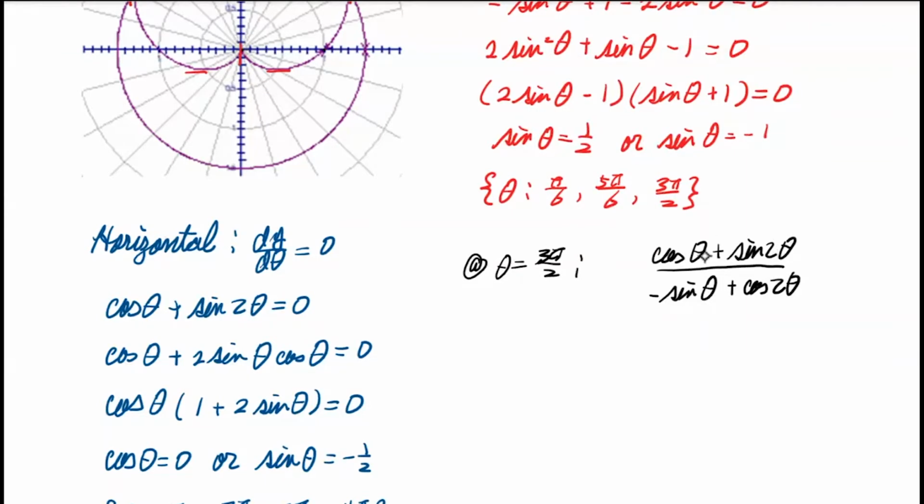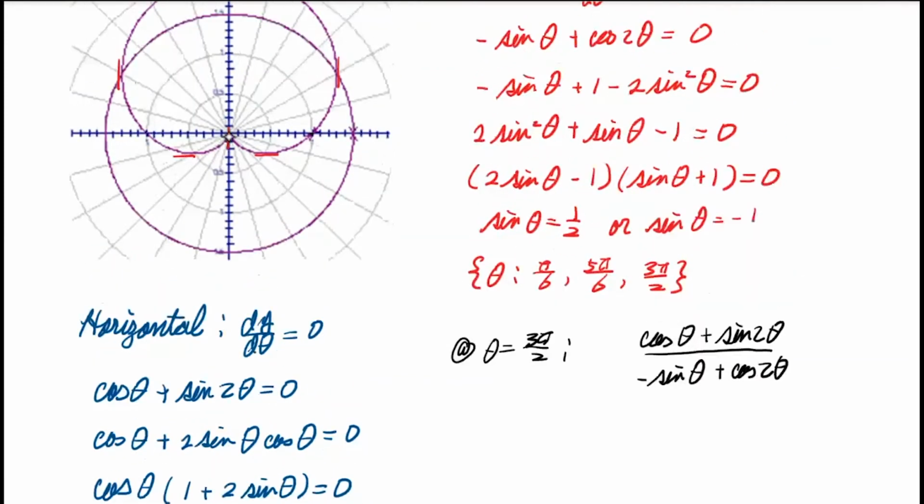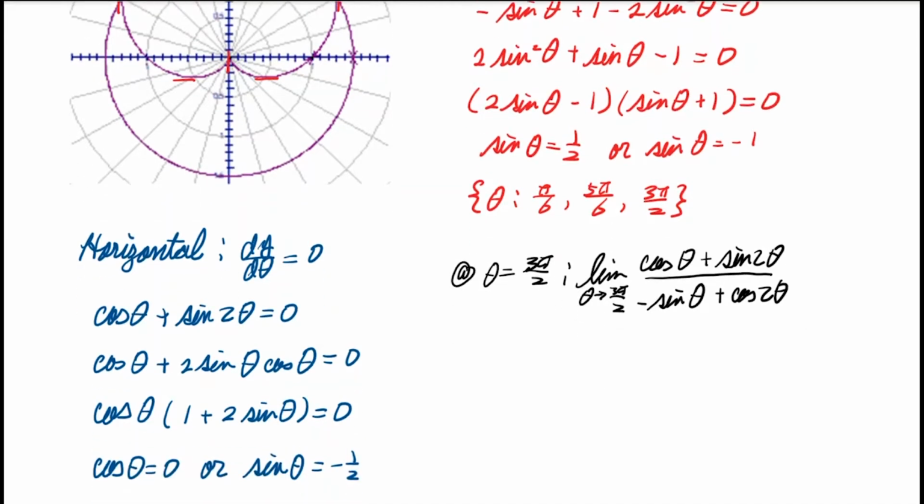This numerator will approach 0 as we go towards 3 pi over 2 up here on the curve. This entire slope, dy over dx: the numerator approaches 0, the denominator approaches 0. So why don't we take a limit as theta approaches 3 pi over 2 and L'Hopitalise this whole thing? That sounds like a brilliant idea now, doesn't it?